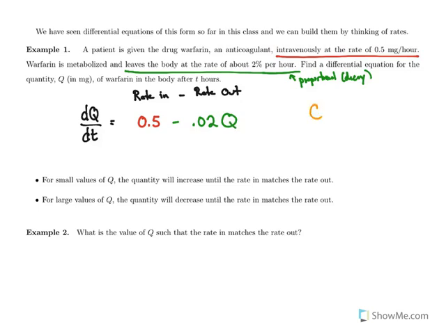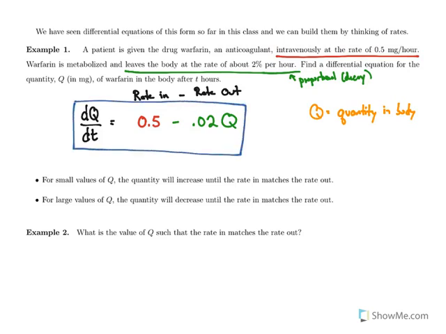We can say Q is again the quantity of warfarin in the body. So we're going to subtract off 2% of what is in the body at that time. So this is our differential equation: dQ/dt equals 0.5 minus 0.02Q.